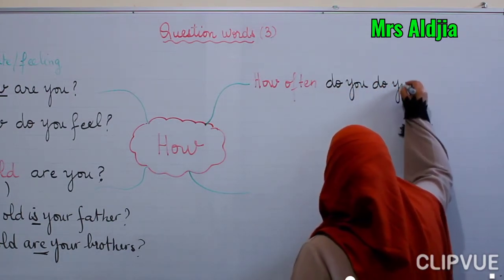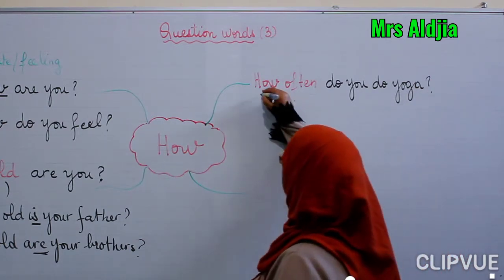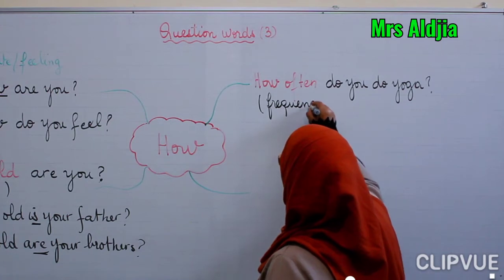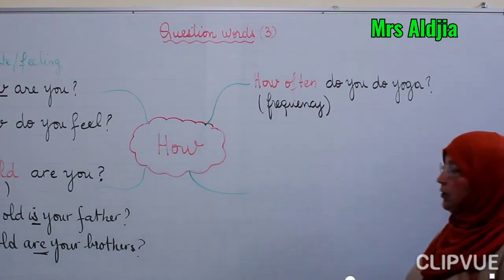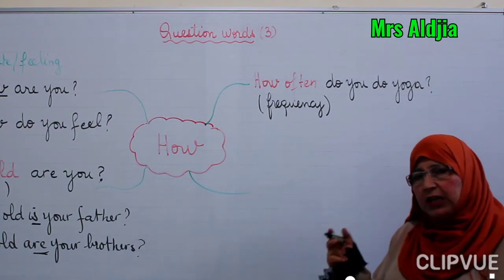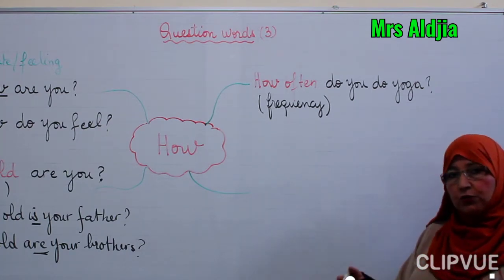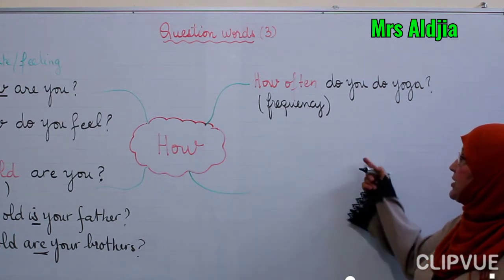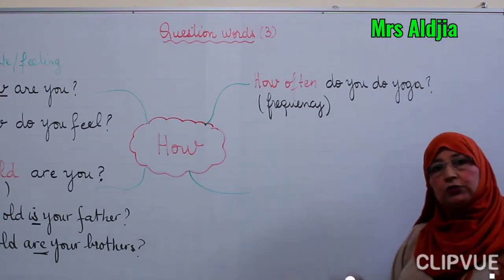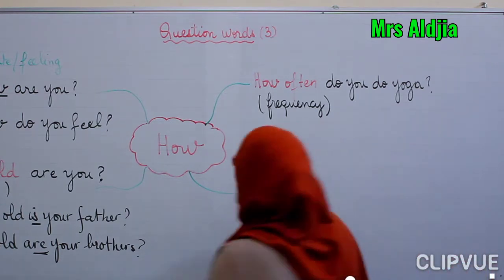How often expresses frequency. I always, I sometimes, I rarely, I never, I usually, I often, and so on. So we are talking about frequency. So how often do you do yoga? I never do yoga.